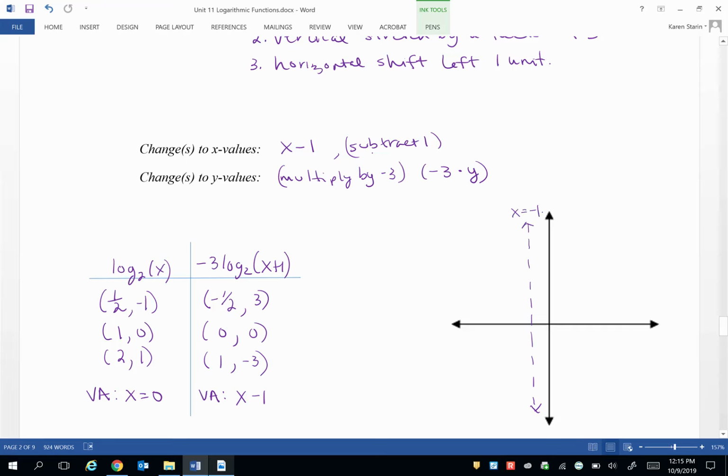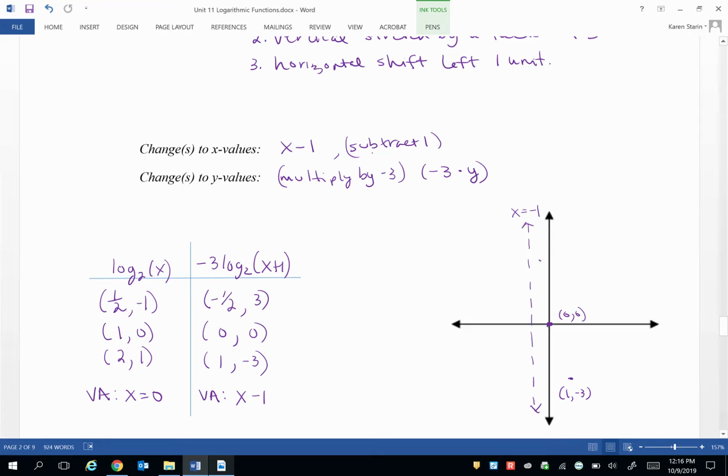And then as I sketch the graph of -3 log base 2 of x plus 1, I'm going to take those 3 points. There's my x-intercept of 0, 0 now. And then I had 1, -3. Let's say that's about here.